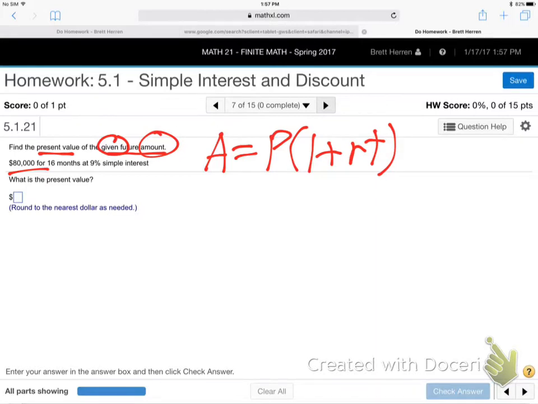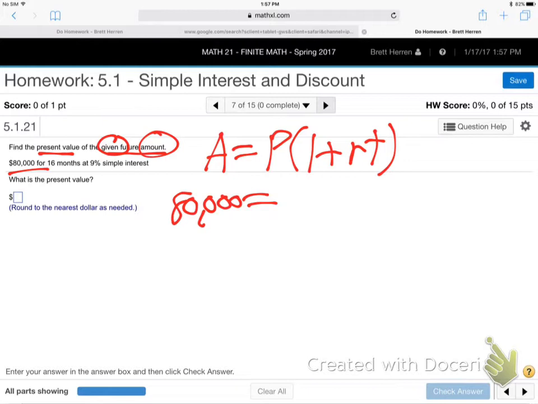You guys tracking with me? See how I'm figuring out what the different pieces of the puzzle are? They said they're giving me the future amount. So what they gave me, the 80,000, must be the A. Must be the future amount. So this time they're actually telling me, hey, in the end, you're going to pay back $80,000 total. That's whatever the original principal was plus the interest, everything all together, 80,000.